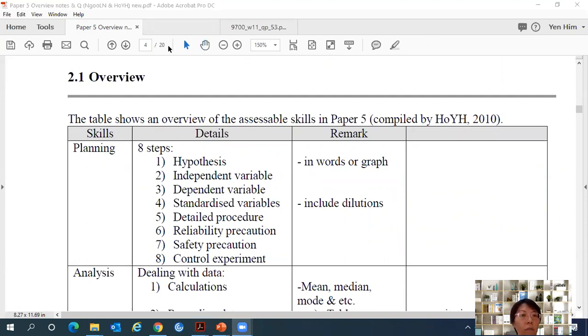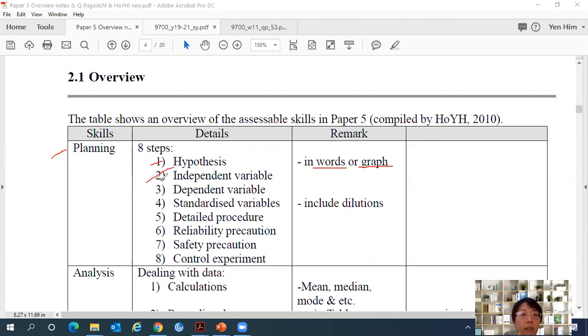So the first part of Paper 5 is planning. In planning, there are 8 steps when you want to plan an experiment. Step 1, you must have a hypothesis, an intellectual guess. What is it you want to find out? This hypothesis can be in words or in graph form. We'll come to this in detail later on. I'll outline first.